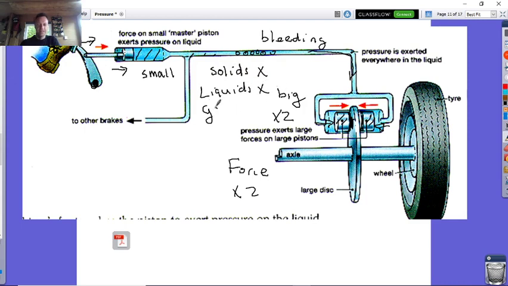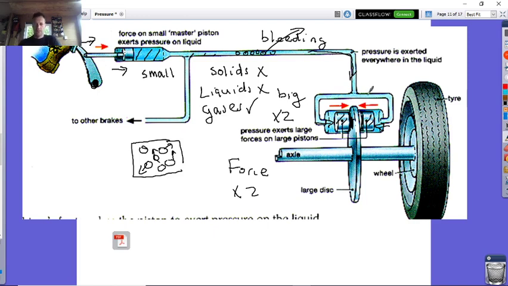But gases can be compressed, because in a gas all the particles are quite far apart, moving very quickly in all different directions, and you can basically squish them together. So if you get air bubbles in your braking system, you'll find the brakes become spongy. So every so often you have to do bleeding to remove all these air bubbles from the liquid to make the brakes work effectively.